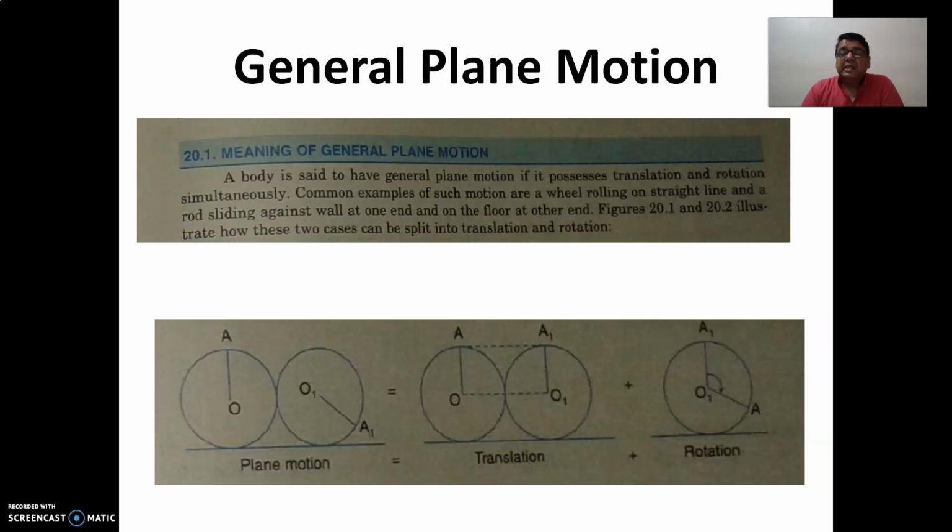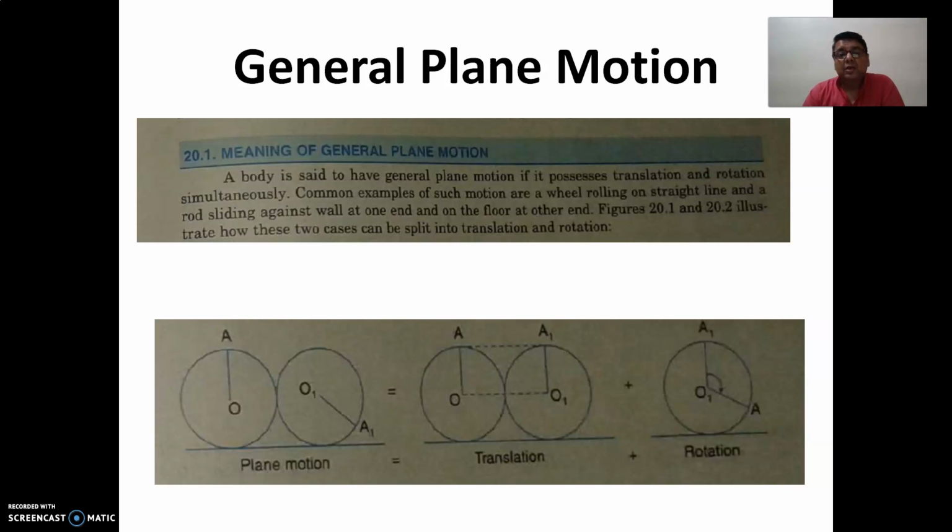Now it is very interesting. The next example is the motion of a ladder. The motion of a ladder seems to be an example of general plane motion, but actually we never imagine it. Motion of a ladder: if the ladder is skidding, then it is an example of general plane motion.